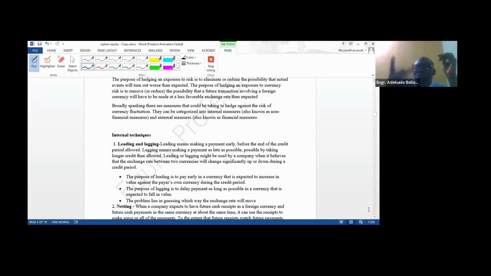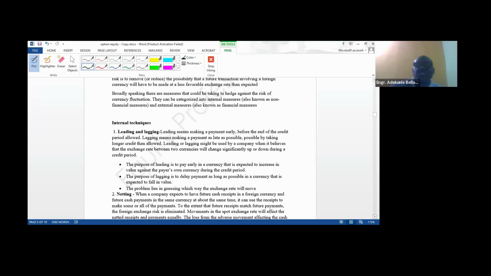You can do netting off, netting off foreign receipts against foreign payments. The extent to which foreign receipts are used to repay foreign payments.